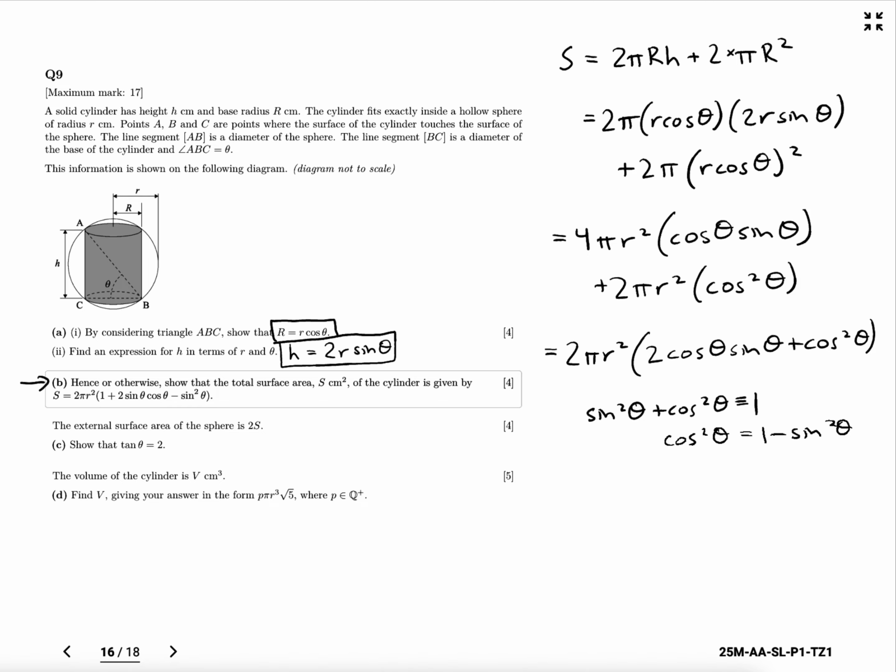So if we put that in here, then we get that s is equal to 2 pi r squared (1 plus 2 sine theta cos theta minus sine squared theta), which is what the question asked for.